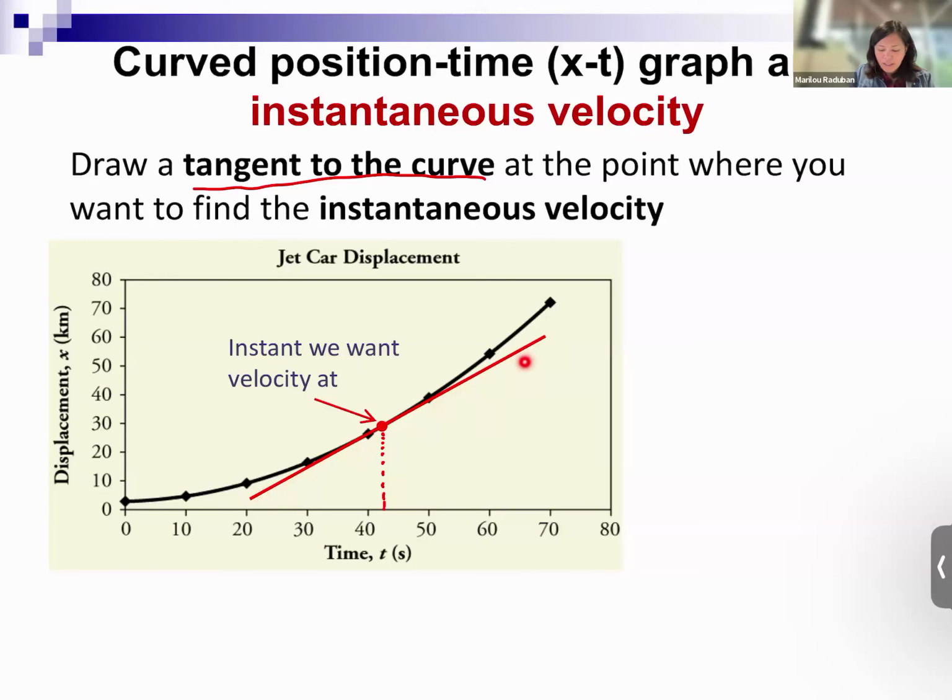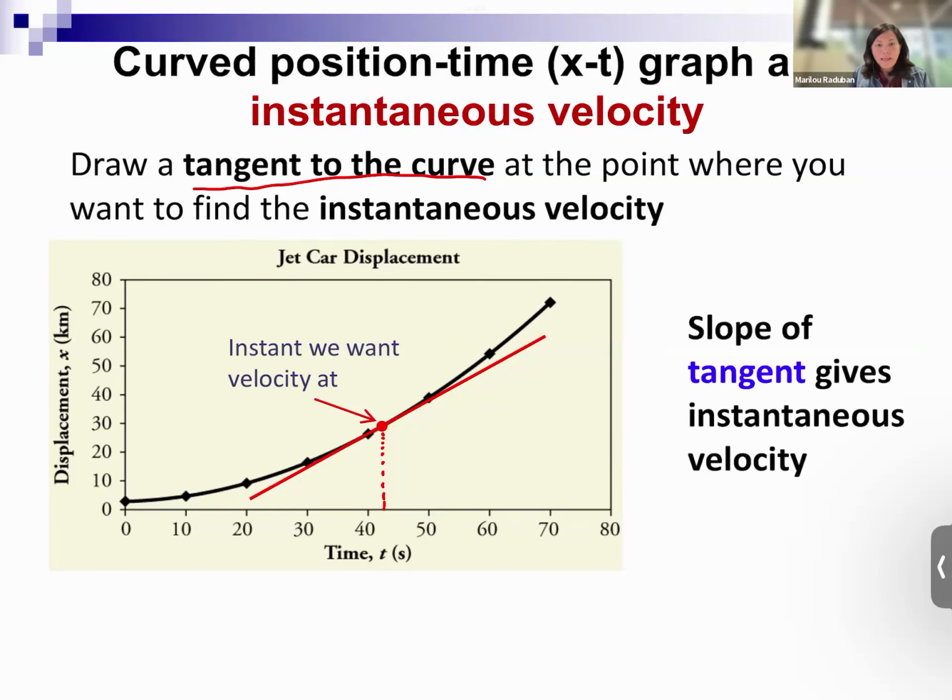This red line is tangent to the point where you want to determine the instantaneous velocity. By using the tangent line, you can determine the rise, the change in position, divided by the run, or the time interval delta t.